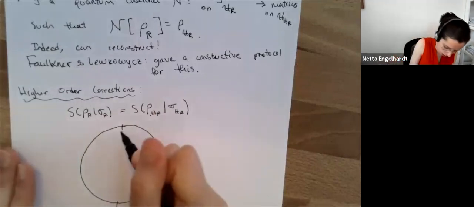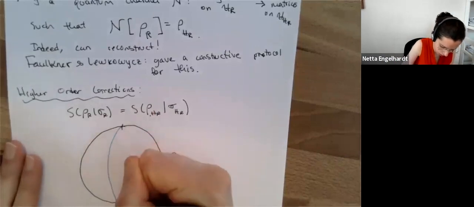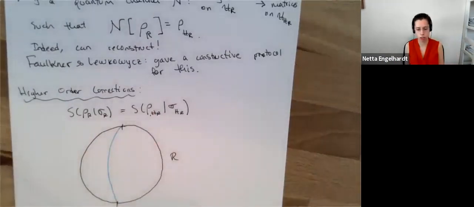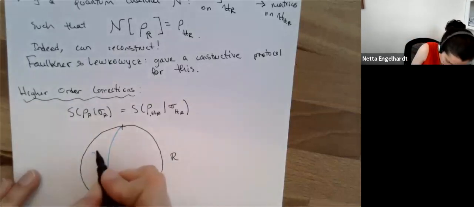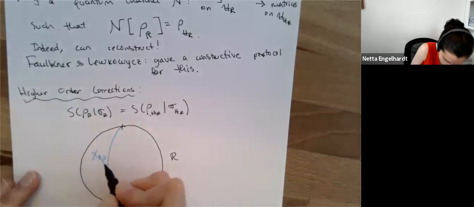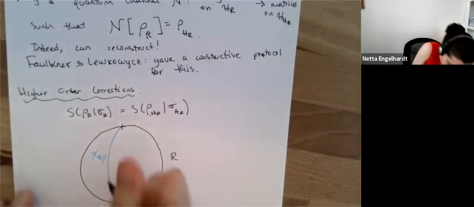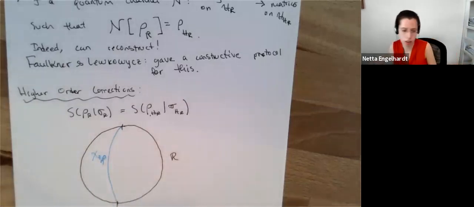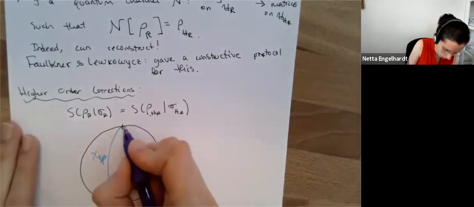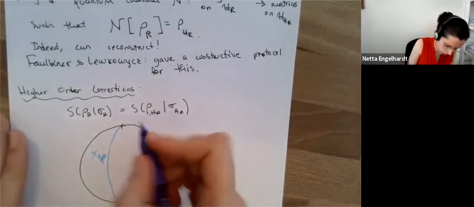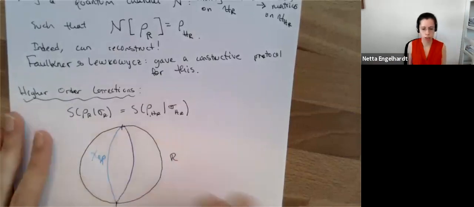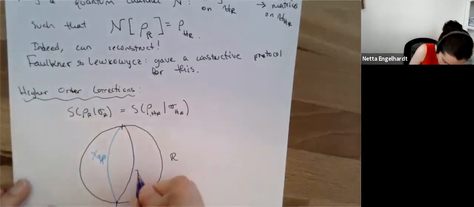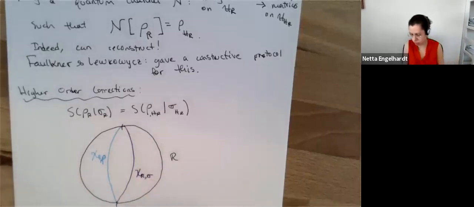And let me use different colors, might be easier to see. So suppose that we have this here, the blue, is the quantum extremal surface when the bulk quantum fields are in the state rho bulk. So we're going to call this chi_R,rho. Hopefully you can actually read this. Okay, now suppose that the quantum extremal surface in the sigma state is different. So maybe this is the quantum extremal surface in the sigma state. So this is going to be chi_R,sigma.